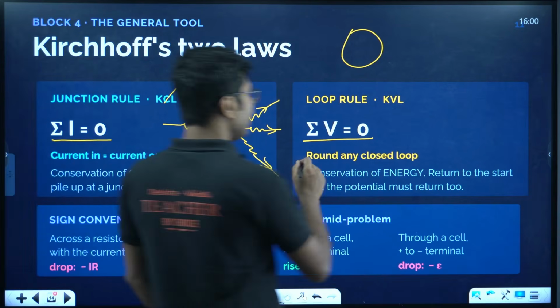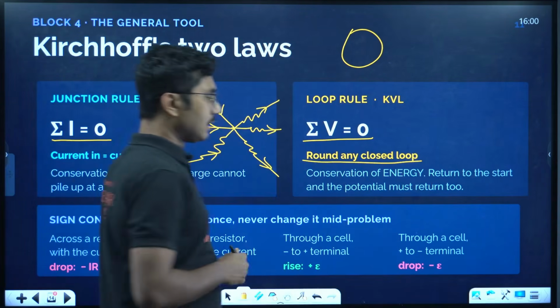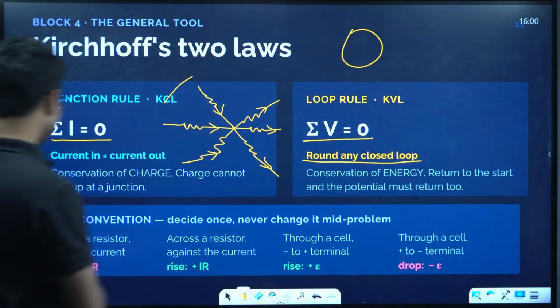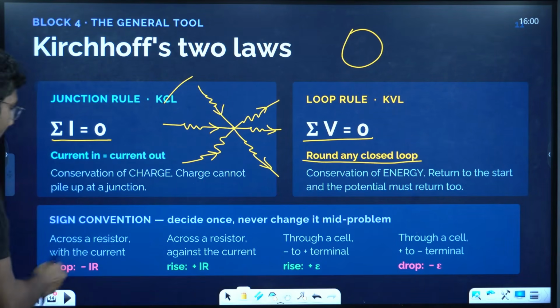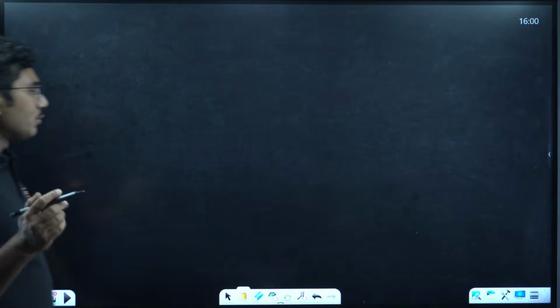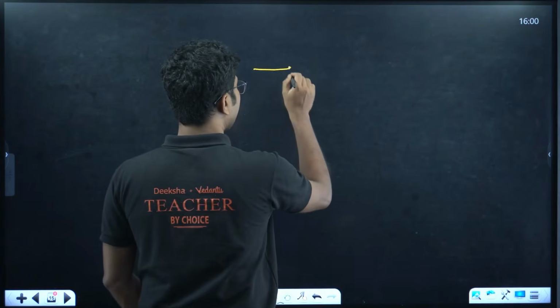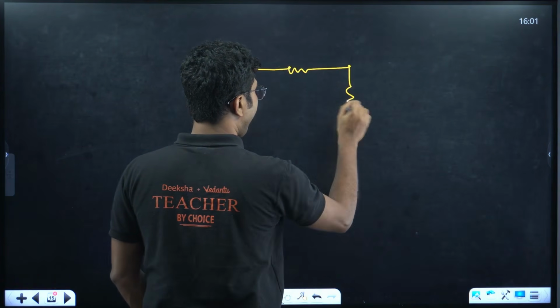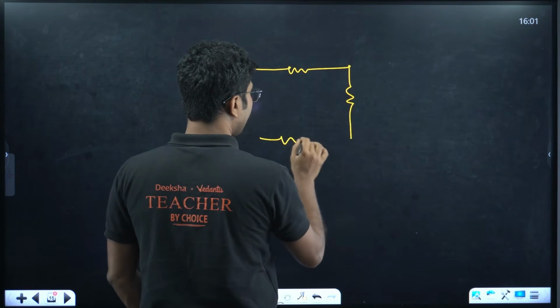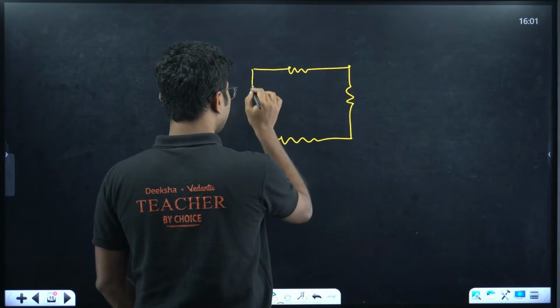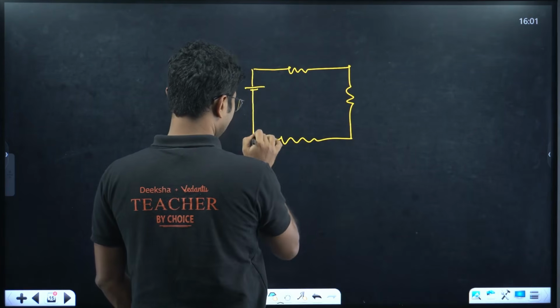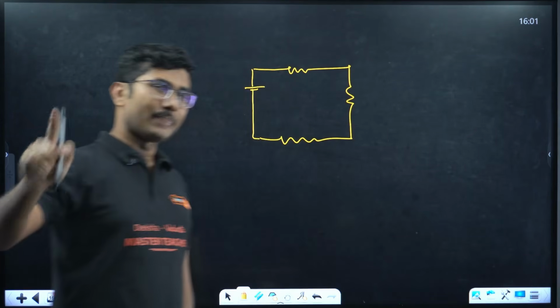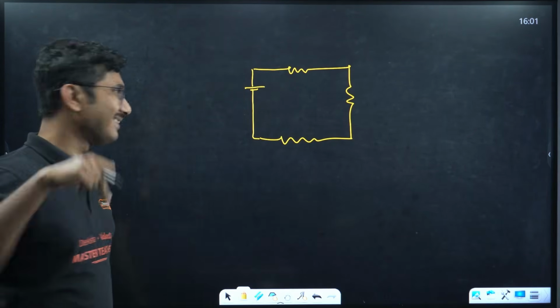There is a sign convention, which I will explain. Suppose we have a circuit. I will give you one small KCL example, not KVL. KVL demands more time. If you want a particular KVL example, please mention it in the chat below.